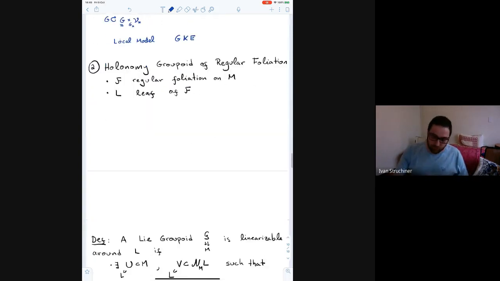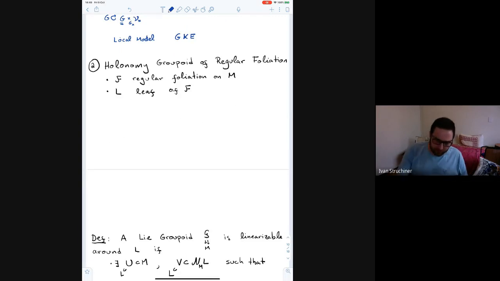And for the holonomy groupoid of a foliation, there's something similar, and I'm not going to explain because of time, but the normal space comes with a very simple linear foliation, and the holonomy groupoid of this linear foliation is the local model for the holonomy groupoid of the foliation we started with.